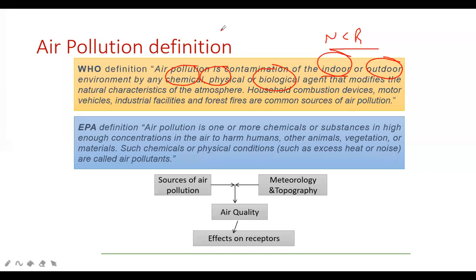Biological is very important, because once a biological contamination is there in the air, everything is gone. By God's grace, the coronavirus, COVID-19, was not airborne. Otherwise it could have had bad impacts, because once it is airborne it will have more drastic effects.